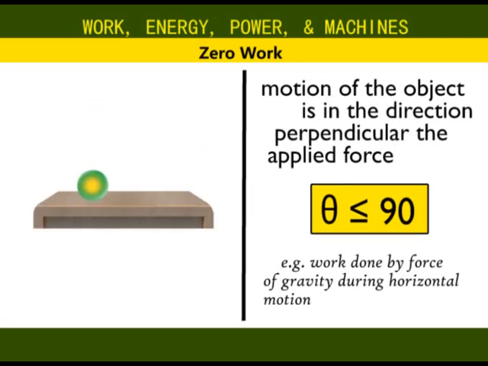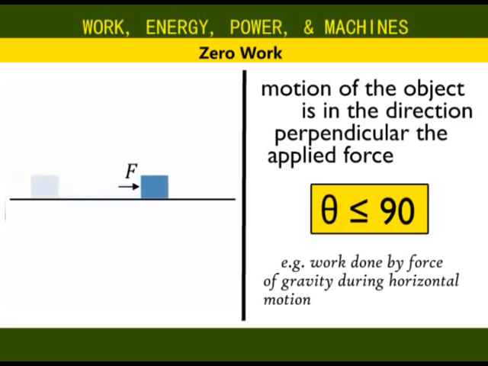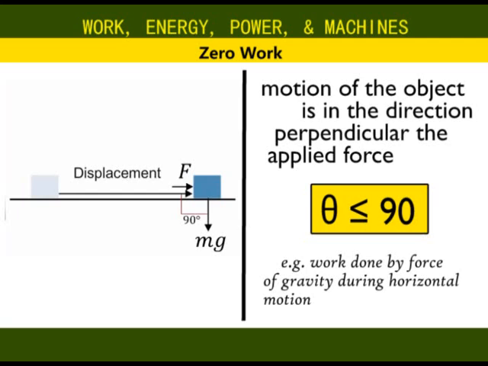Work done is zero if the applied force is perpendicular to displacement. For example, when a block is moved along a horizontal surface, the displacement is along horizontal, while the gravitational force, which is essentially the weight of the block, acts vertically downwards. In this case, work done by the gravitational force is zero.